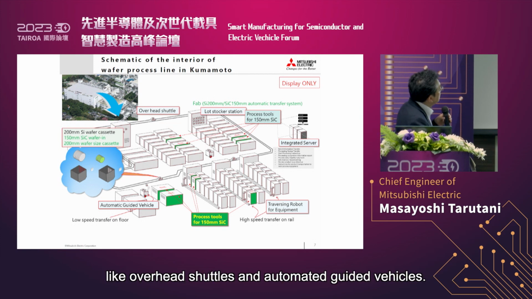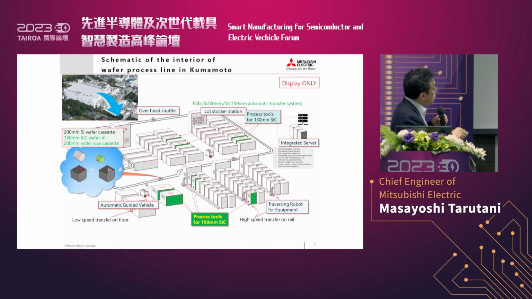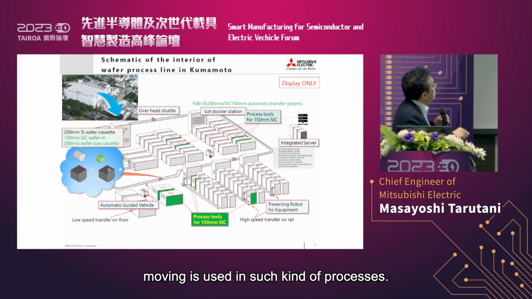guided vehicles. Also, there are rails and a traversing robot for high-speed moving used in such processes.